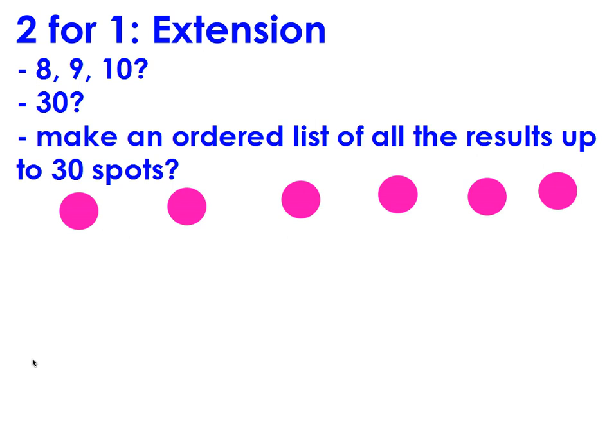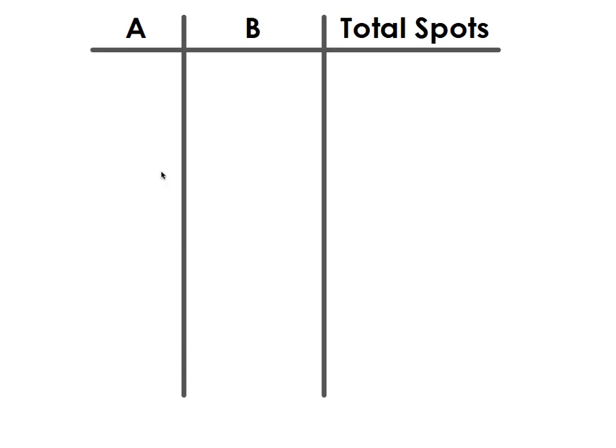Maybe keep that box on the board saying for every 2, we're getting 1. And then how can we keep a record of our results? It might be worth, at this stage, putting a table in their books: first person, second person, total number of spots, until we can share out and see all the different possibilities.